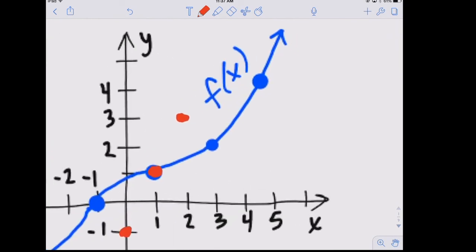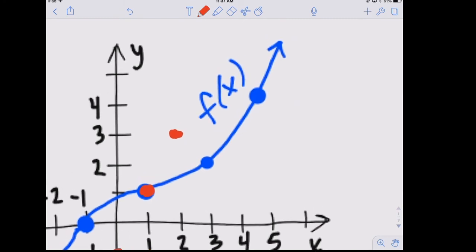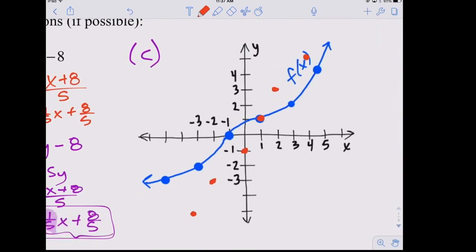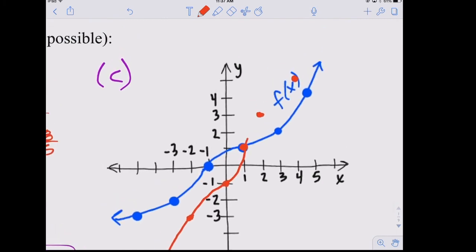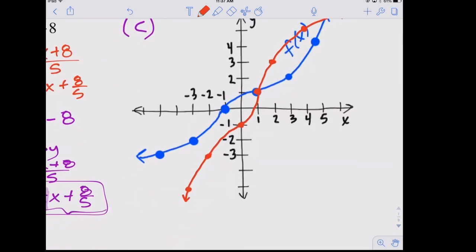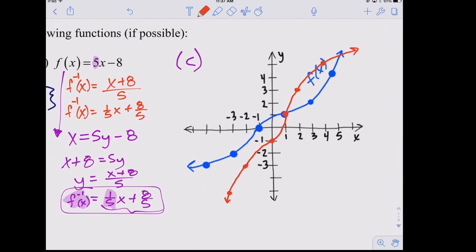And it becomes 4, 5. Okay, so all I got to do now is connect those dots. Something like that. Now, it was helpful to have those points labeled, but you won't always be able to do that.